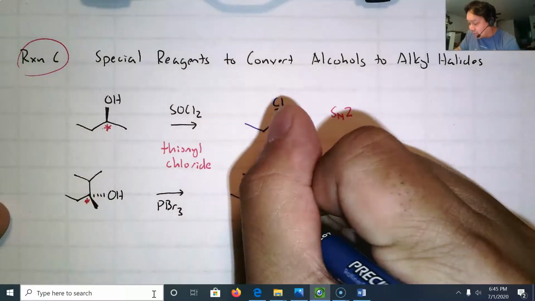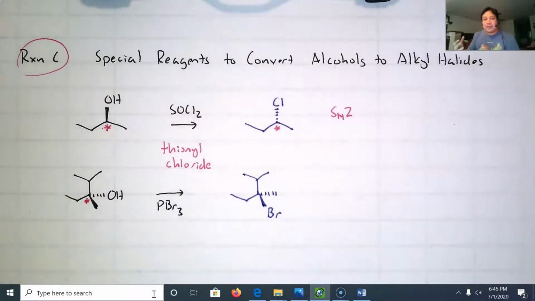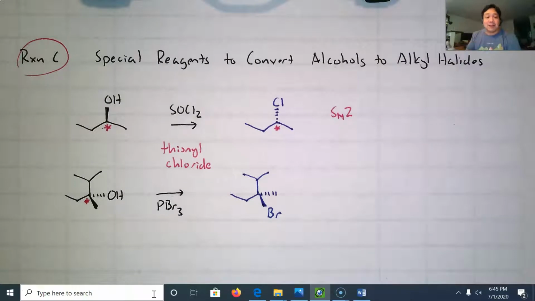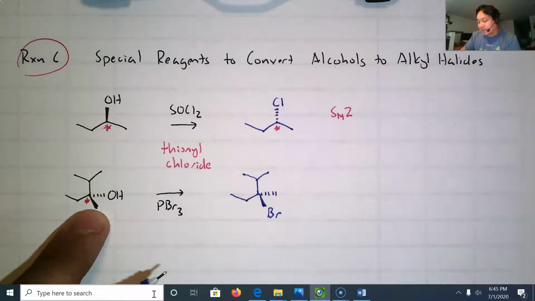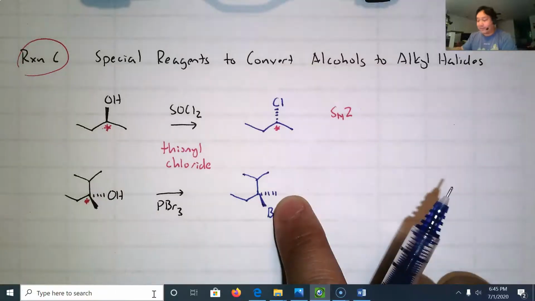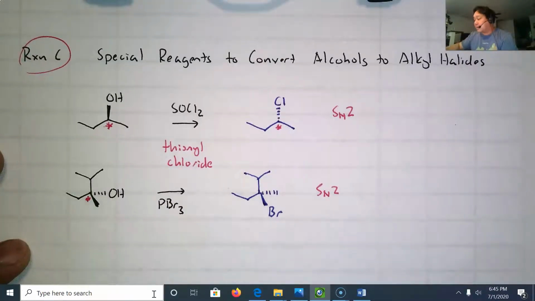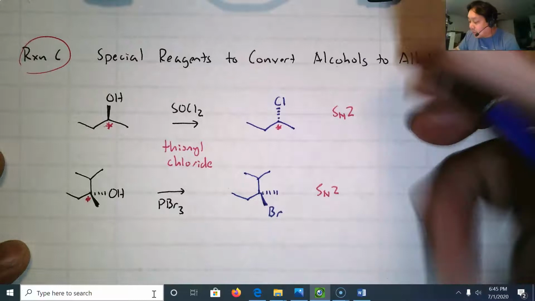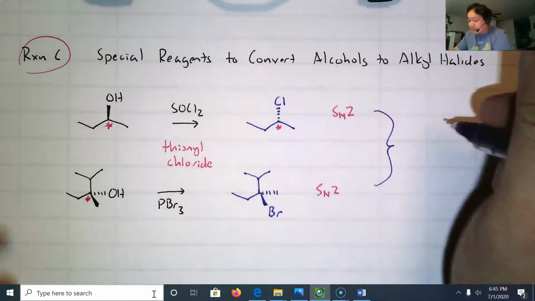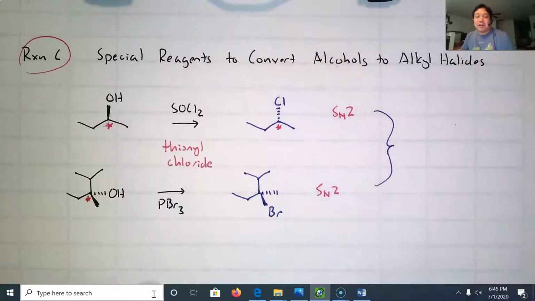Remember inversion? It's like when a gust of wind inverts your umbrella. Same thing here, a gust of wind came this way, and it pushed this bond to the back, the methyl group to the back. This is SN2. The thing is, if you use SOCl2 or PBr3, it is always SN2.